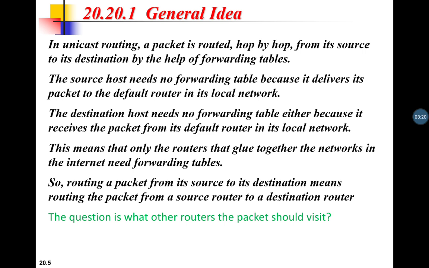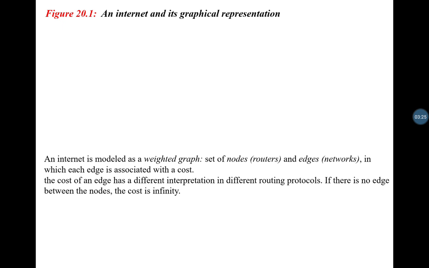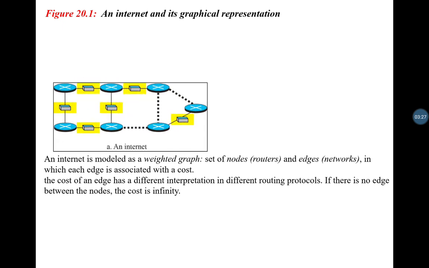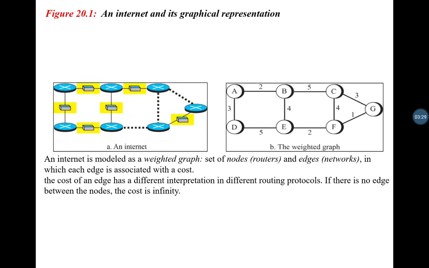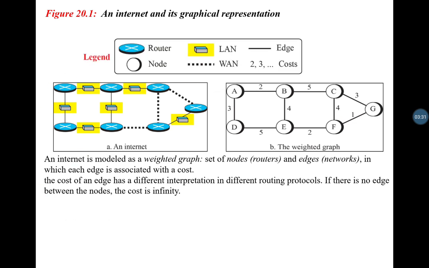The question is, what other routers should the packet visit? Here, we can see the internet and its graphical representation. To find the best route, the internet is modeled as a graph, which consists of a set of nodes and the lines or edges which connect the nodes.